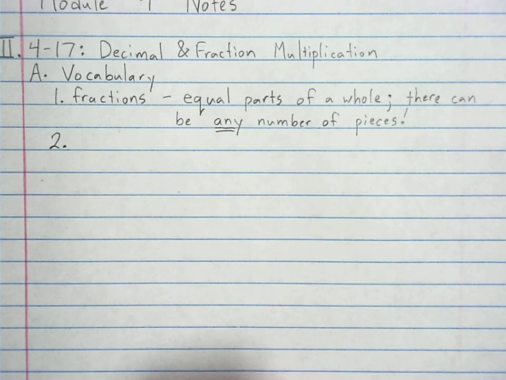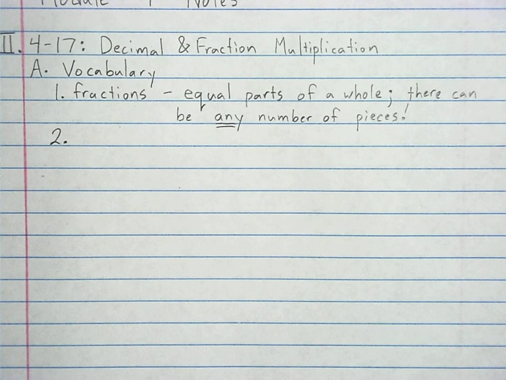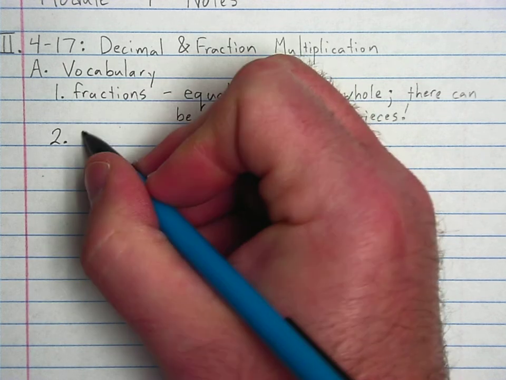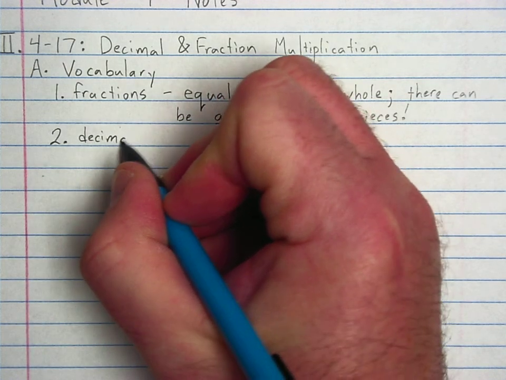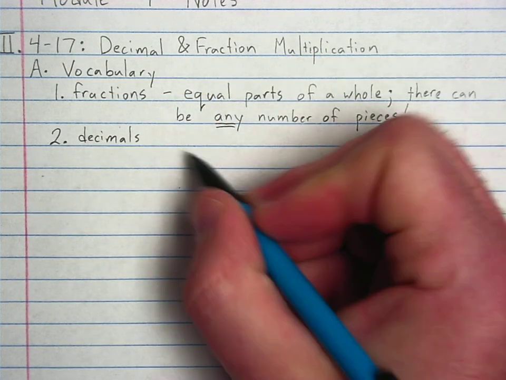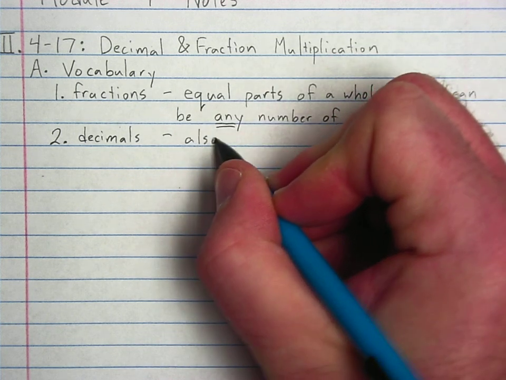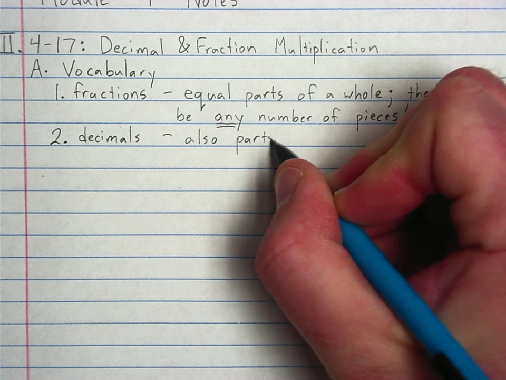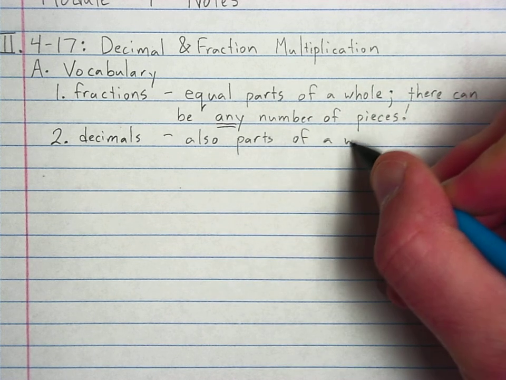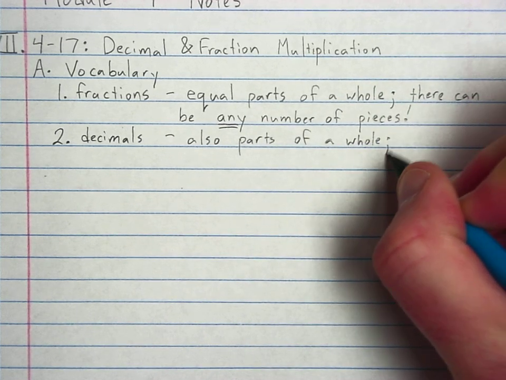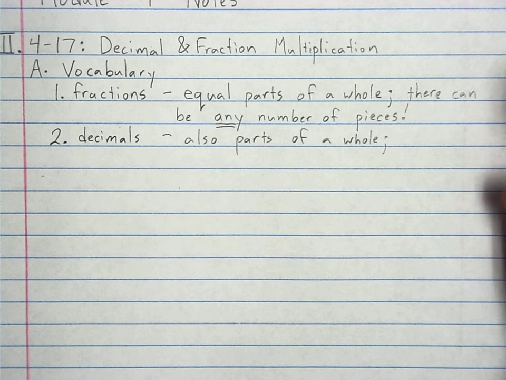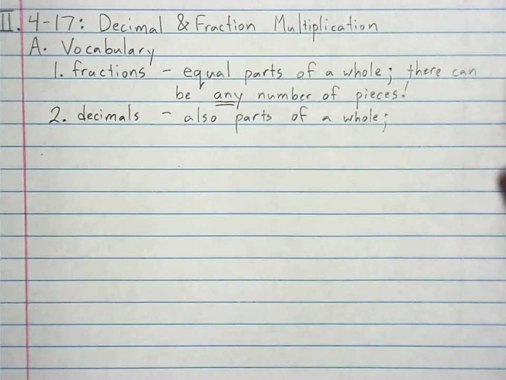Now the other part of our title today, the other thing we're going to be dealing with, is decimals. That's a super mathematical term there. Okay, decimals. Now, these are also parts of a whole, but we can't think of them as equal parts. It's a way of writing a part of a whole.